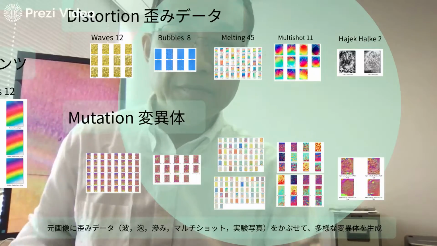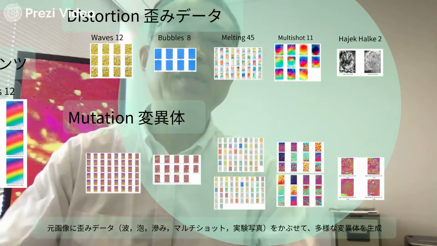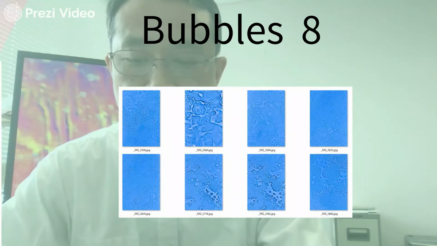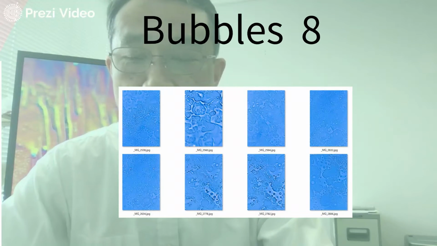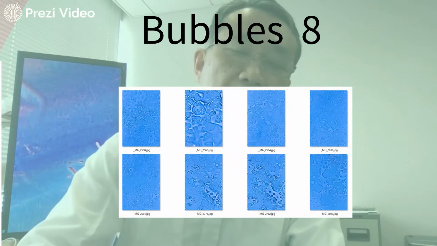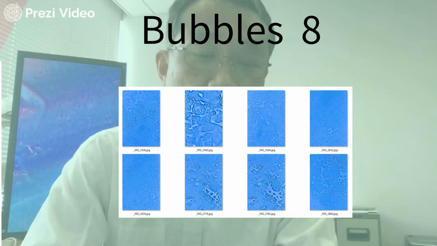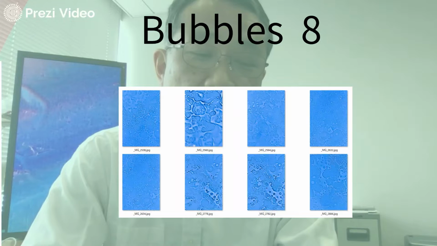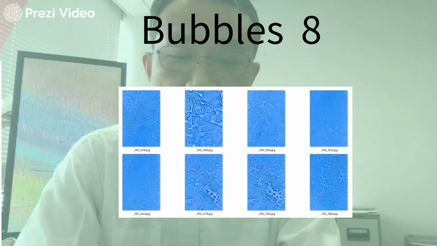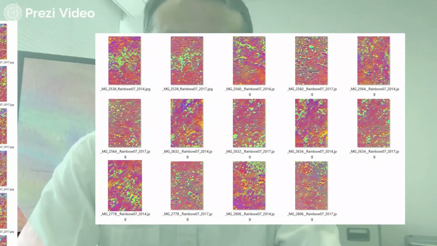And so, next mutation is by bubbles. 8 bubbles I use. Water bubbles are dropped on the rainbow poster and make distortion to the rainbow colors. AI photographer generates 14 mutations.